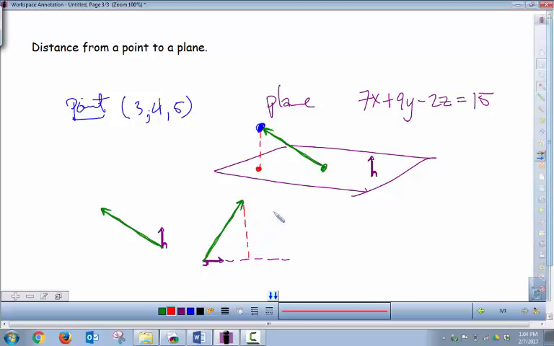nope, sorry. This is the distance that we would be looking at. So you have the projection, and then here we're looking for this distance right here.